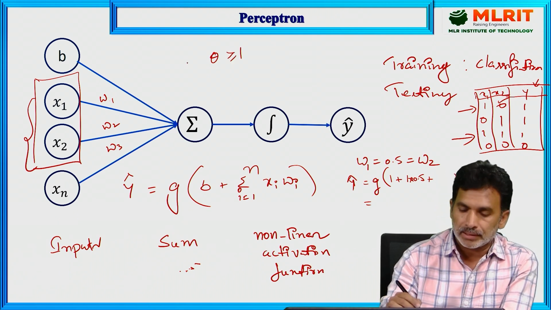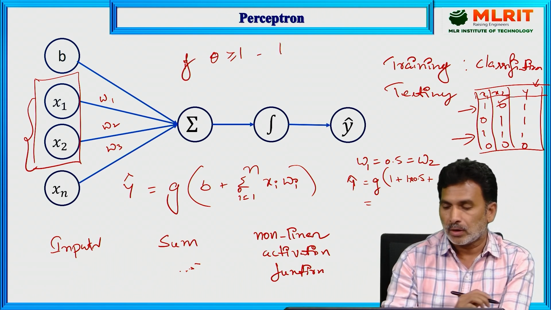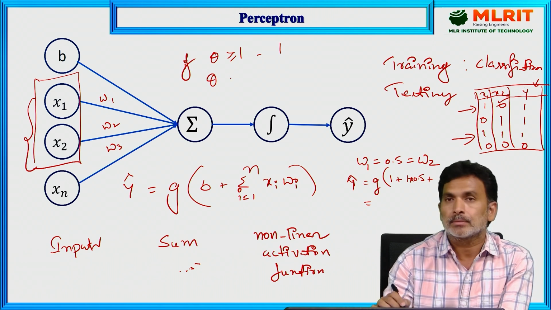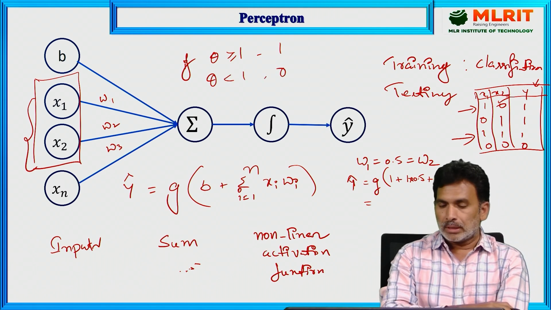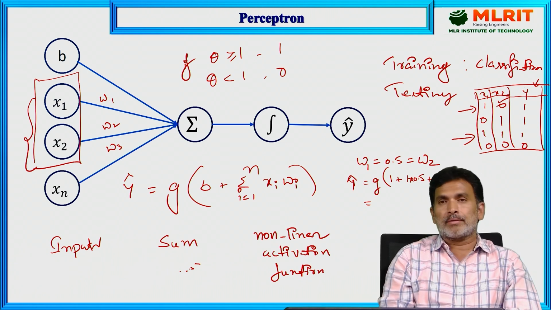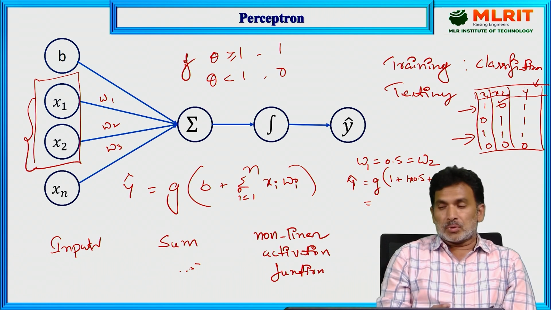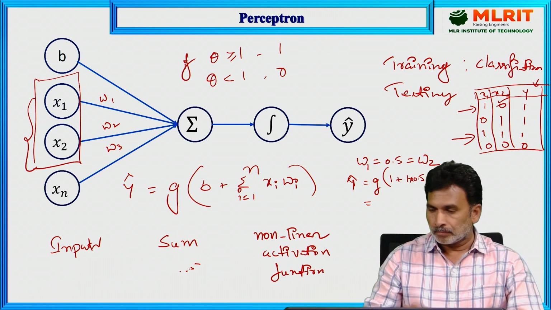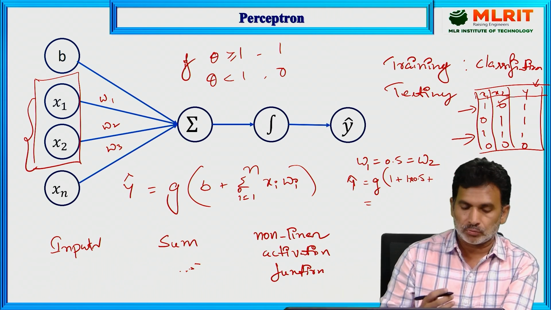If theta is greater than or equal to 1, it has to produce 1 as output. If theta is less than 1, it has to produce 0. If we define this threshold value, the activation function always produces the correct output. This is for two inputs, x1 and x2.